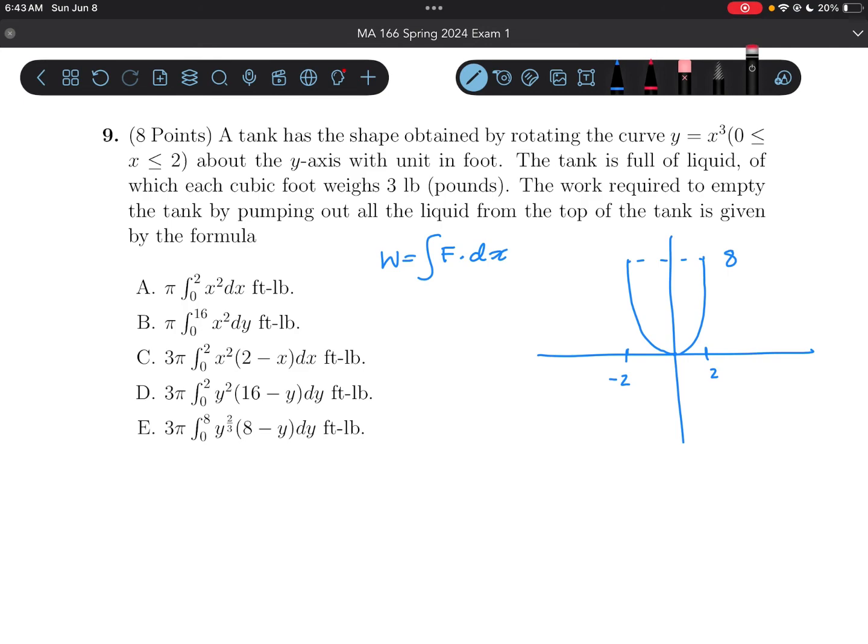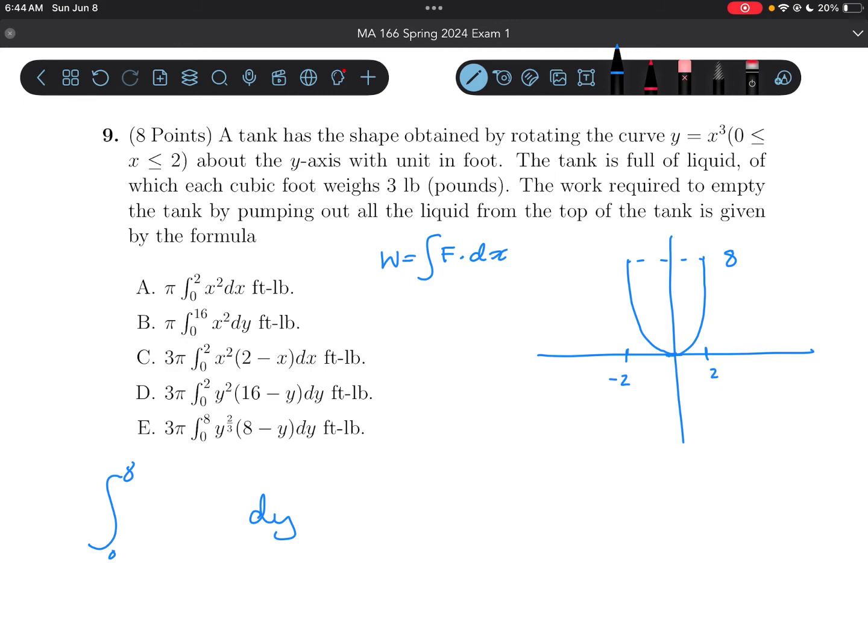So all in all, it all goes back to this formula, even though thinking of slices of water is a little weird. All right, so that means that we're going to be integrating. Since we're emptying the tank out from the top, the value that will be changing in this case is y. So our integrand is going to be dy. We're going to be integrating from 0 to 8.